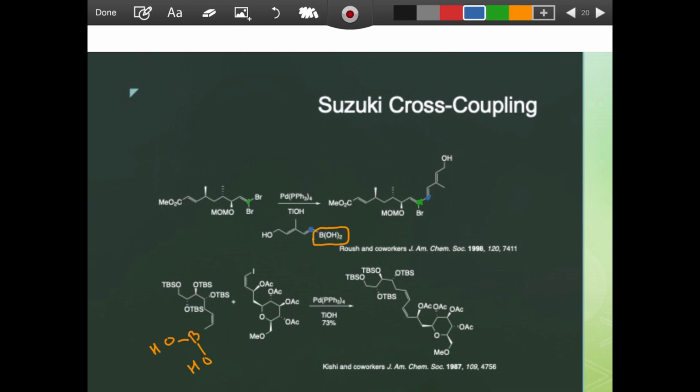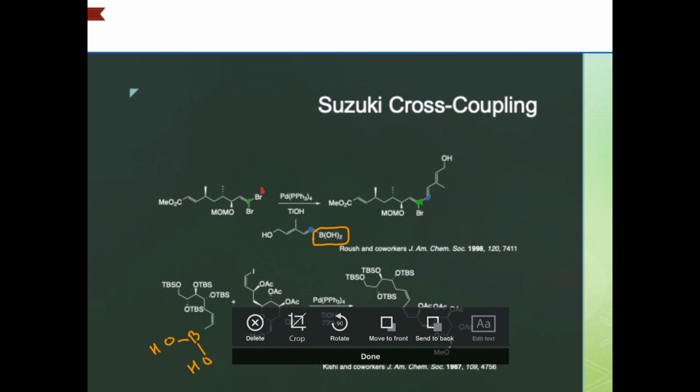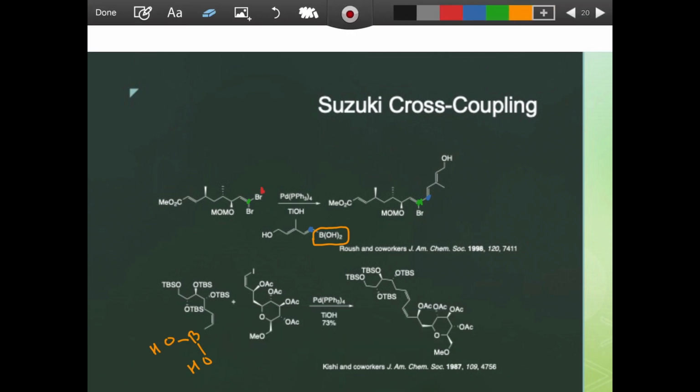So let's take a second here and think about why the bromine that was coupled, right? Because there are two bromines, one and two. So why did we couple bromine 1 and not bromine 2?